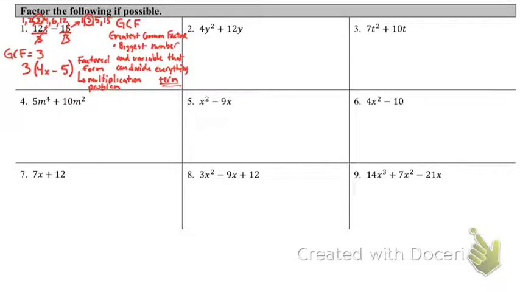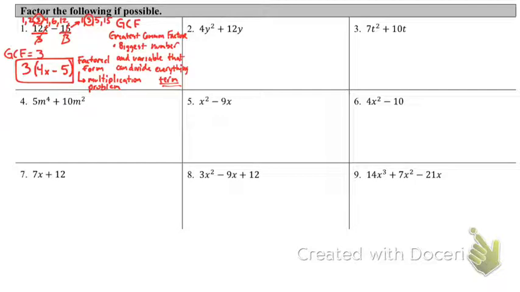Okay, so it was a polynomial, and now we turned the polynomial into 3 times this stuff. And anytime we turn it into multiplication, that's called factored form. That's factoring, basically turning into multiplication. Okay, so my answer is this. All right, let's jump over to number 3.